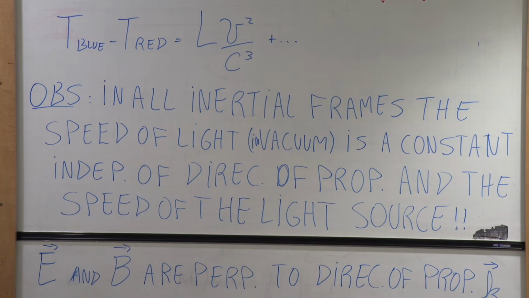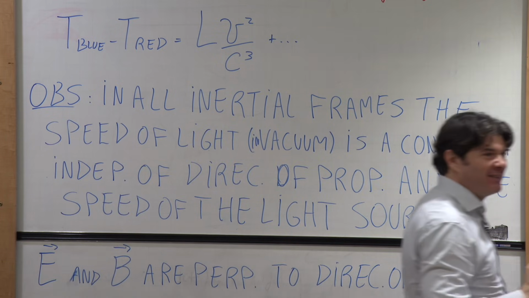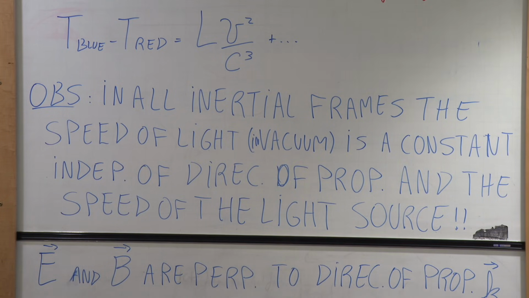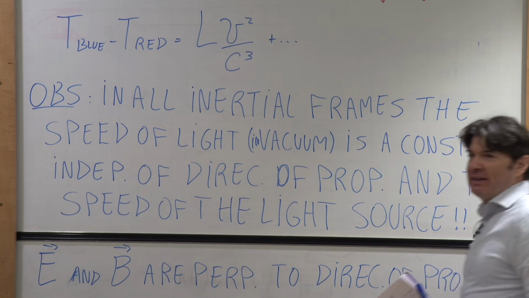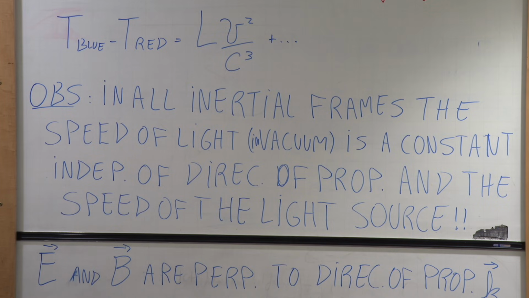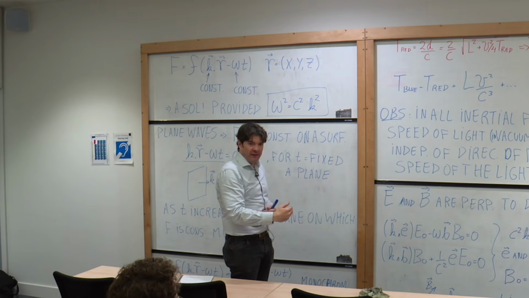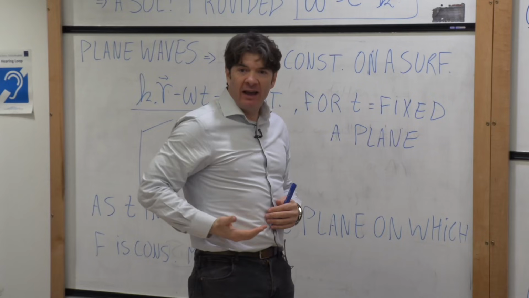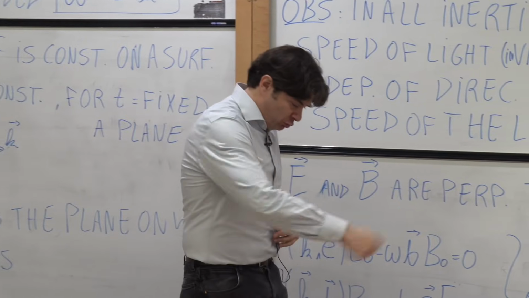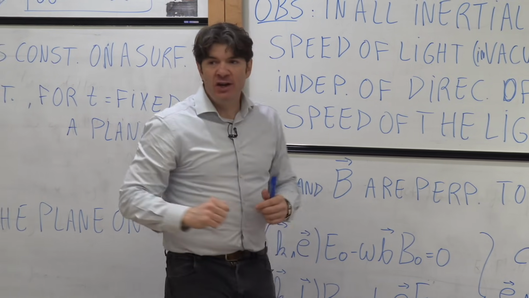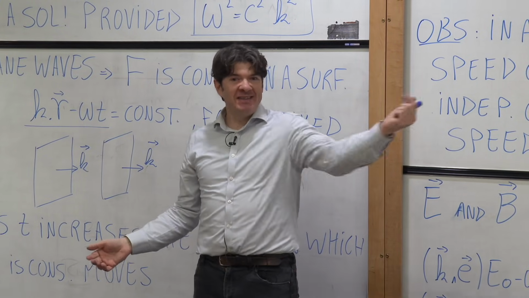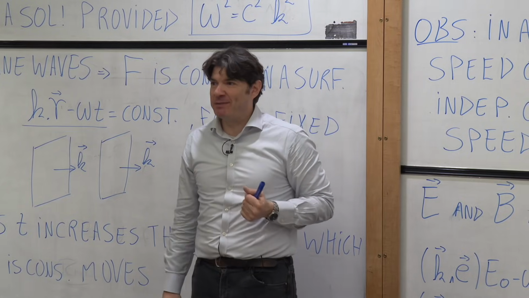This contradicts all our intuitions from Galileo, Einstein, up to that point, how in all inertial frames there is one speed that is constant. And imagine, right? Like you are really accelerating and you throw light, you will measure that light. Like you are going really fast, you throw light, you will measure the speed c. Someone who is standing and sees you doing that will measure the same speed c.